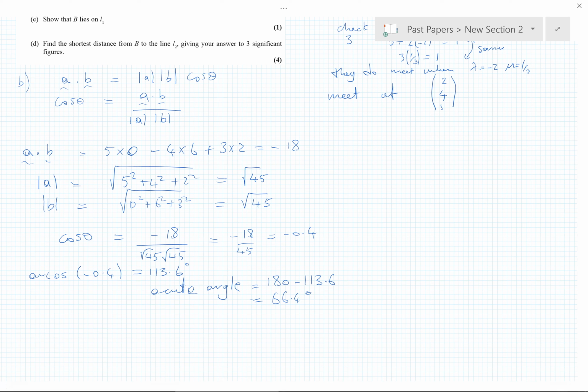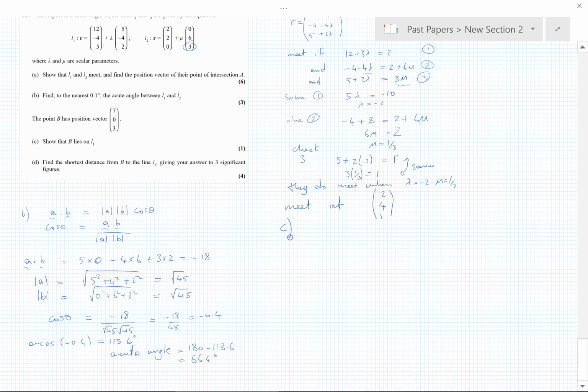Part D, often with the vectors questions, is the challenging bit, and I suspect it will be here too. But of course we've got to do the more straightforward part, just one mark, to show that this lies on L1. We just need to come up with the appropriate value of lambda. Well, we need to get 7 for the top, which we'll get if we make lambda equal to minus 1.